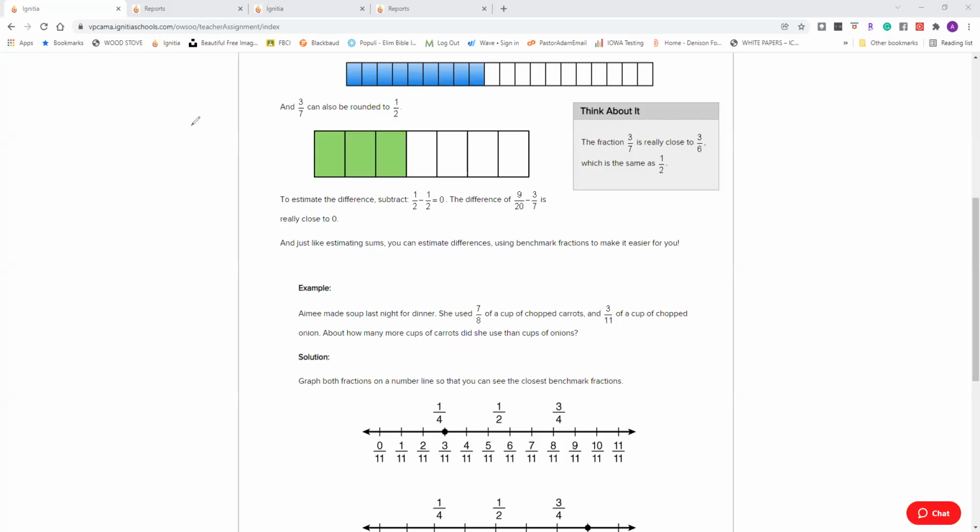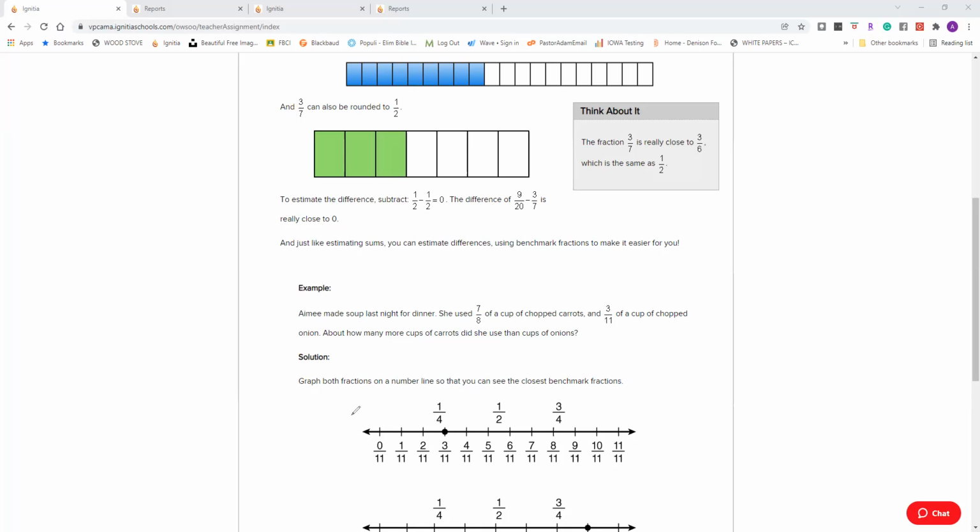Let's talk about estimating fractions for just a moment, as this can be somewhat of a confusing concept. Estimation is really best understood using a number line. So I'm going to focus on using a number line or a grid box here, and use these illustrations to help you decide where things are at.